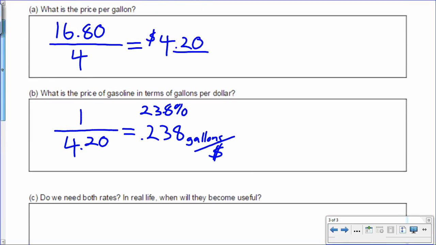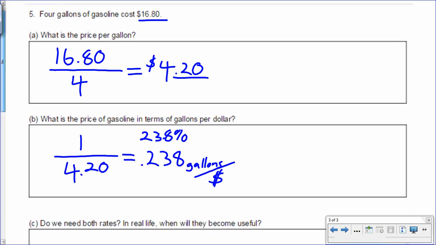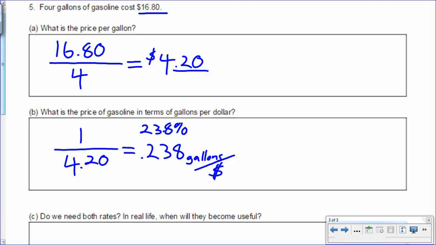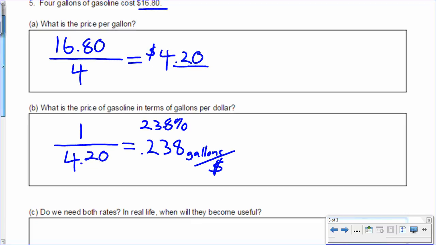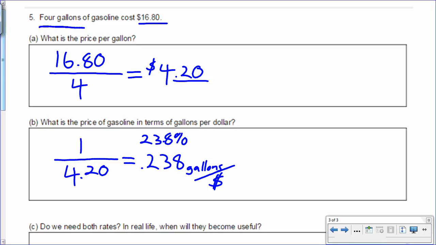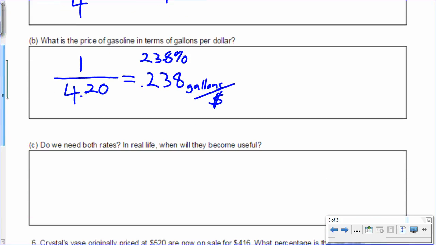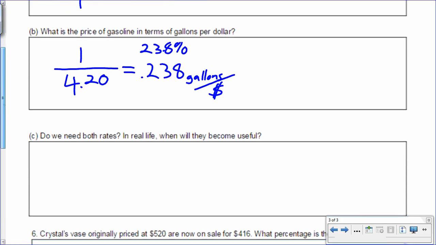Now, we could have done this with the original information. If we bought 1 gallon for $4.20, well, we remember buying 4 gallons in our original scenario for $16.80. So if that was the information we were given and we didn't feel like doing any more calculation than that, we could have just said, okay, we bought 4 gallons, we paid $16.80.